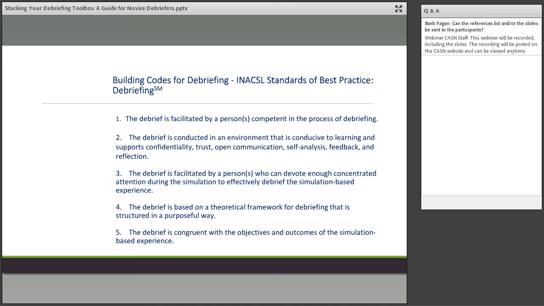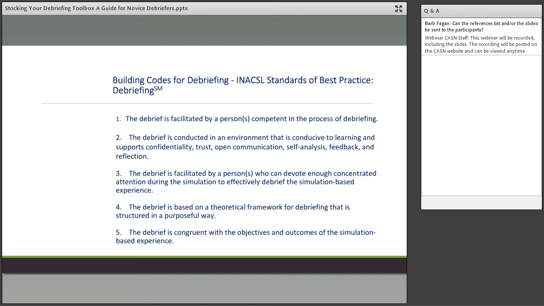If you haven't already, get online and have a look at the standards of best practice. I'm very fortunate being a member of Anaxel. I got a lovely hard copy book sent to me in the mail with all of the standards in it. But you can find them easily online. If you can't, again, send me an email. I'll help you find them.